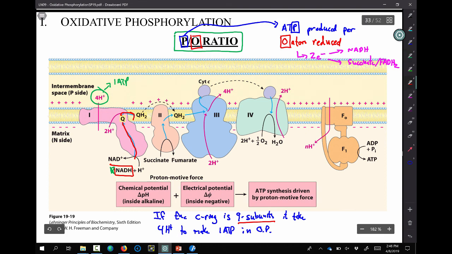Now keep following those electrons all the way to complex 3, to cytochrome C. That will pump an additional 4 protons, 1 more ATP, because those 4 protons, again, will come back into the matrix. And then finally, those electrons go from cytochrome C to complex 4, and an additional 2 protons will be pumped to the P side, and that will make half an ATP molecule.